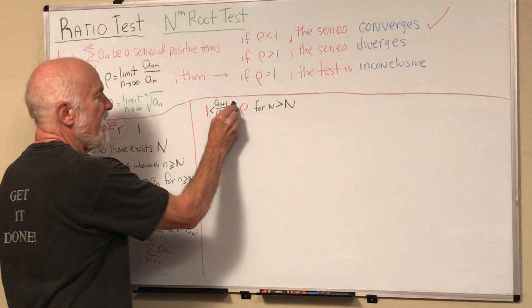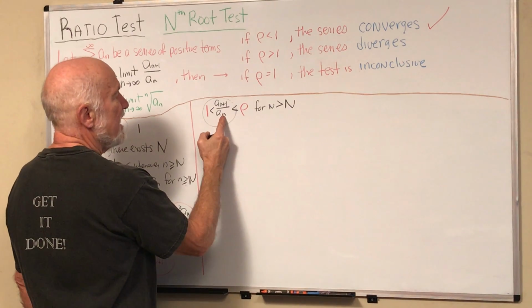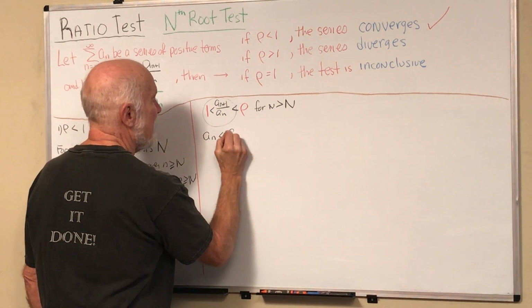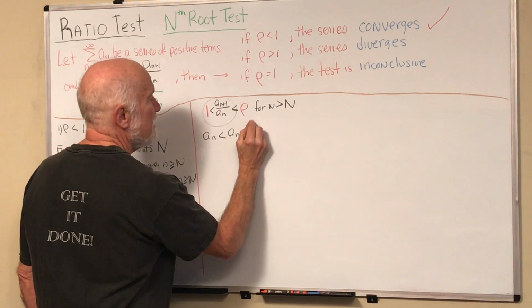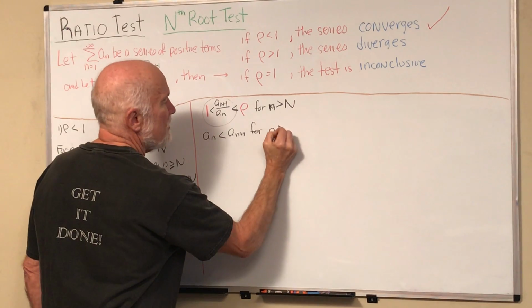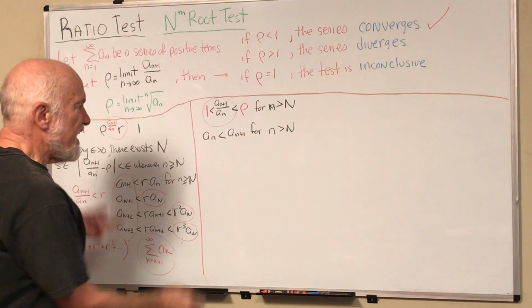So I'm just going to concentrate on this and multiply by A sub n, and I get A sub n is less than A sub n plus 1 for all values of n greater than big N. And what is that telling you?